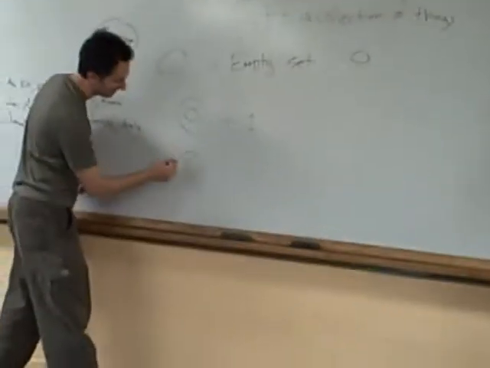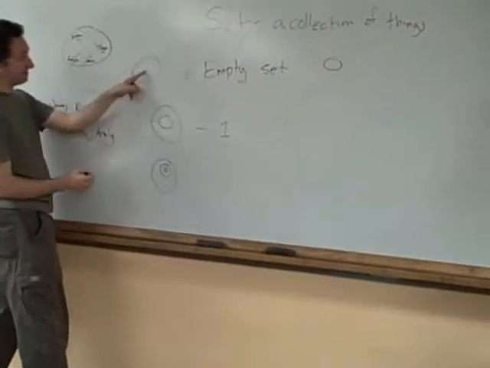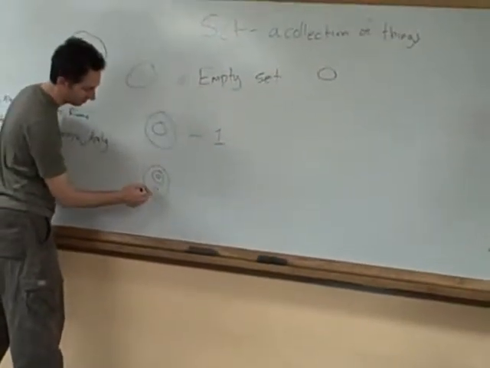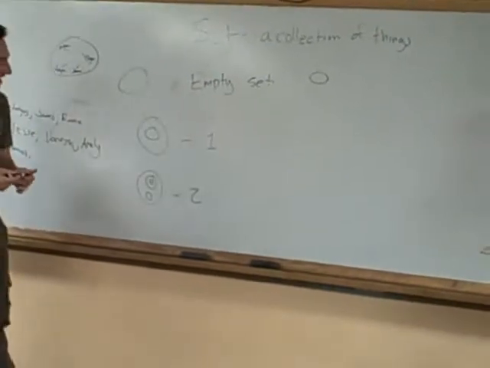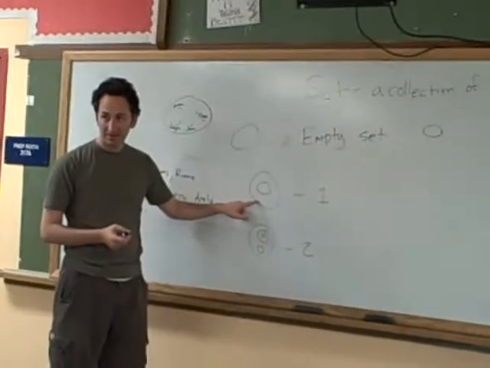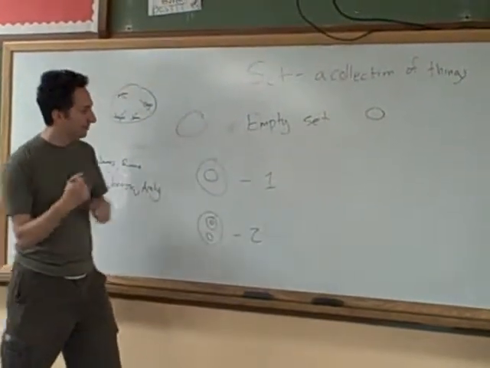The set containing this set and this set, we're going to call that 2. And notice, how many things are in this set? 1. How many things are in this set? 2.